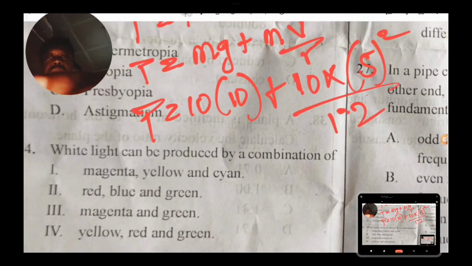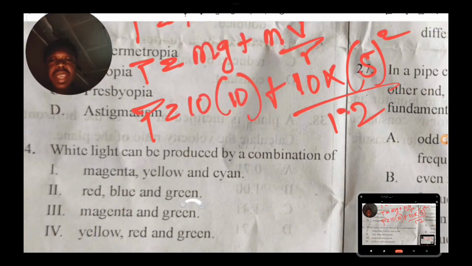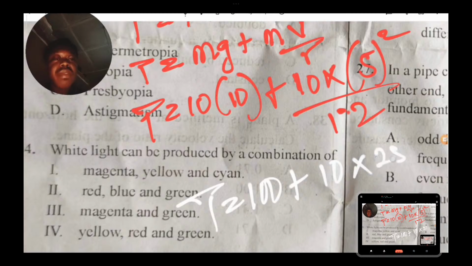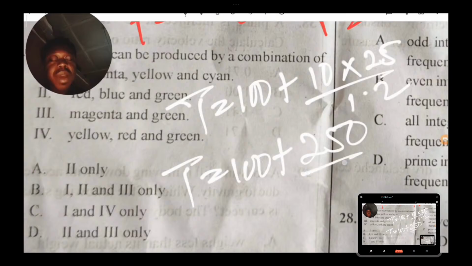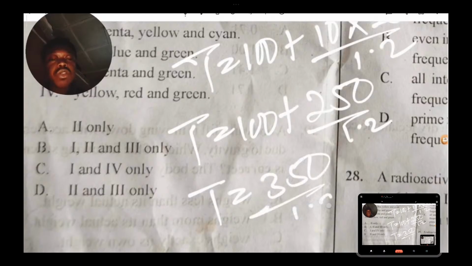Is that clear? 10 times 10 will give us 100, plus 10 times 25 divided by 1.2. So T will equal 100 plus 10 multiplied by 25, which gives us 250, isn't it? 250 divided by 1.2.